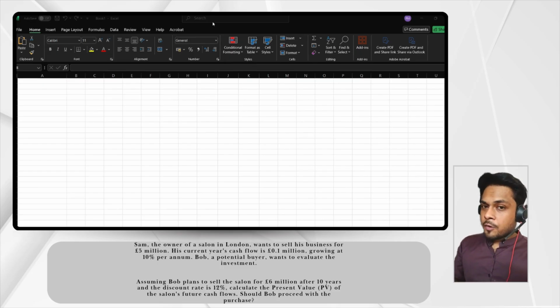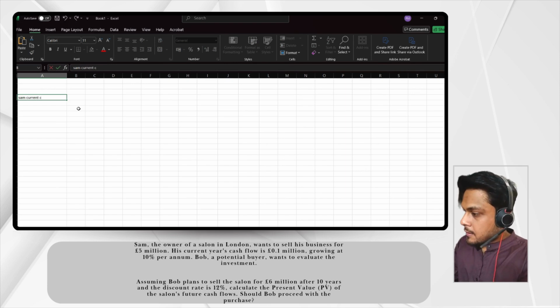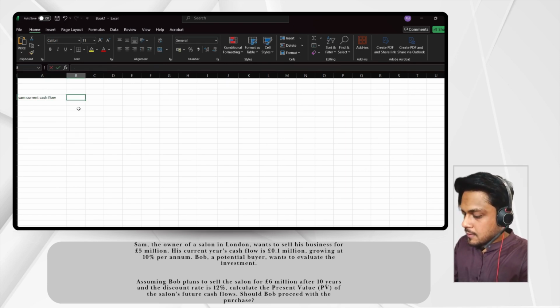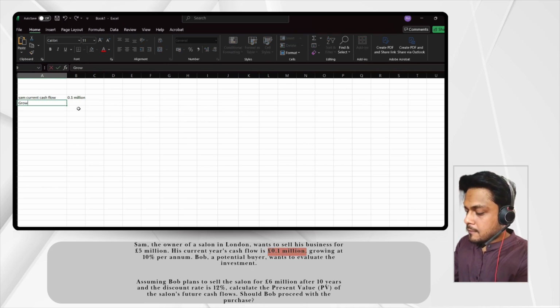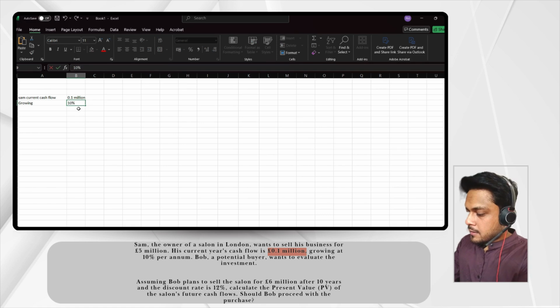Let's put all the information in Excel. Sam's current cash flow is around 0.1 million. And his cash flow is growing at the rate of 10% per annum.